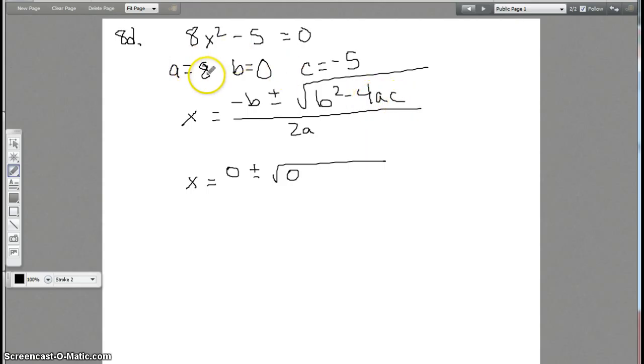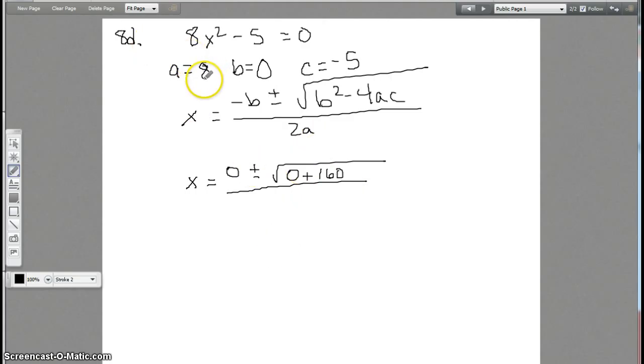4 times 8 is 32, and then 32 times a negative 5 is a negative 160. And negative 160, when we subtract it, minus a negative 160 is the same as adding 160. And then this is all over 2a.